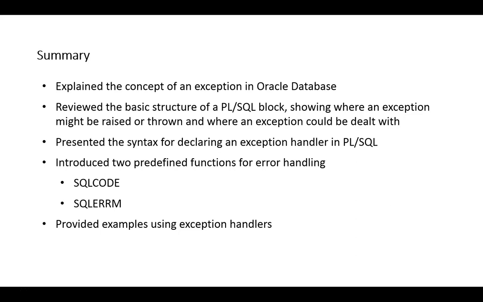We introduced two predefined functions that can be used for error handling: SQL code and SQL error message. And we mentioned that there are two categories of exceptions: the internal or system-defined and user-defined. And we provided examples of these predefined system exceptions and an example of a user-defined exception.